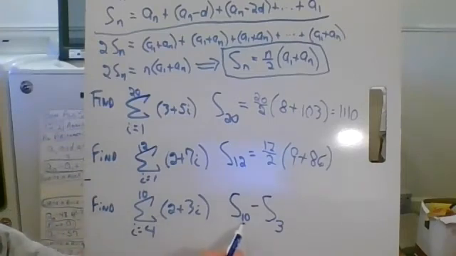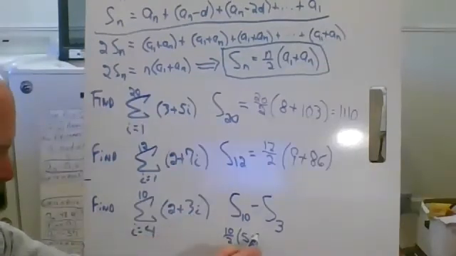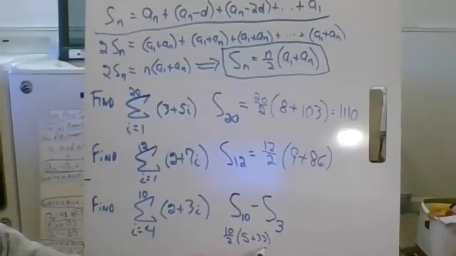And so then you would compute S sub 10 as n over 2, 10 over 2, your a sub 1. Now your a sub 1 is letting i be a 1, and you would get 5, plus your a sub 10, which would be 32. And that would be your S sub 10 minus your S sub 3.